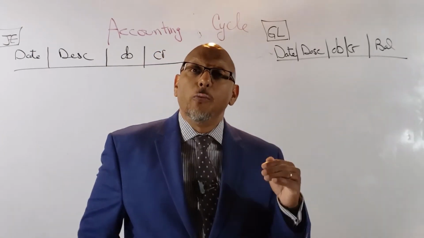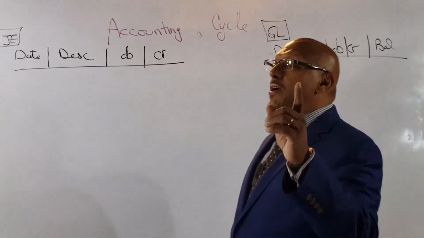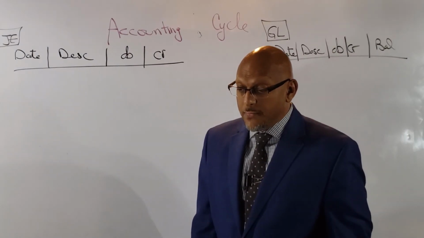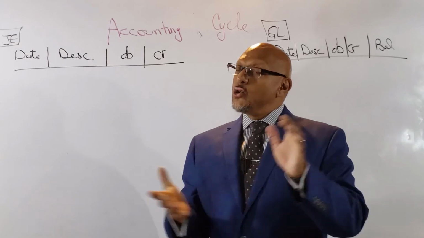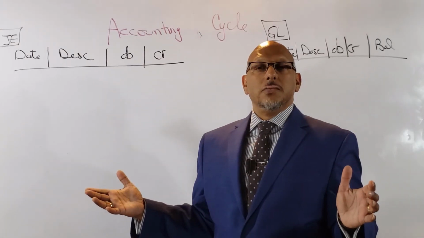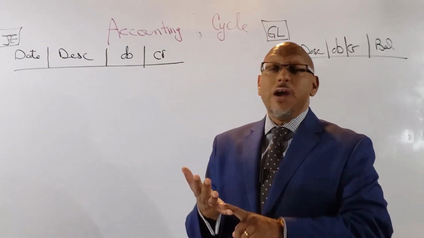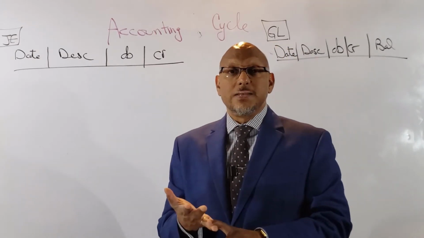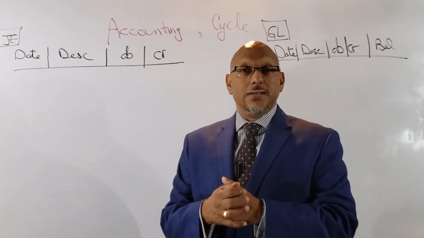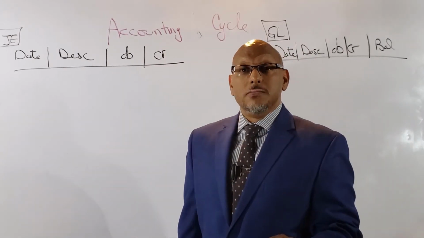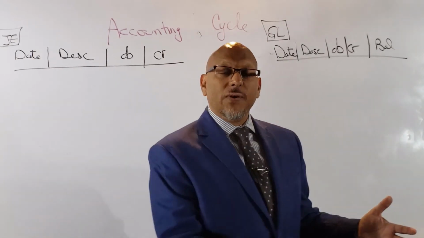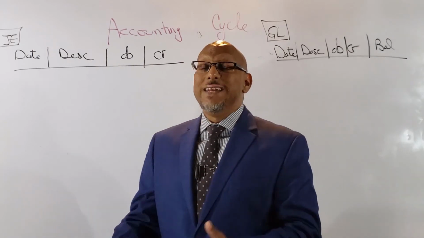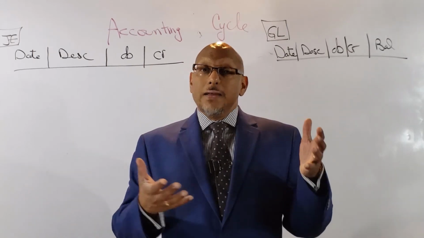When the door opens on January 1st, how much money did you make? You just opened the door. Nothing. You have no revenue and no expenses because you haven't sold anything yet. But you opened the door. And the door existed before January 1st. Before you opened it, it existed. That's an asset.